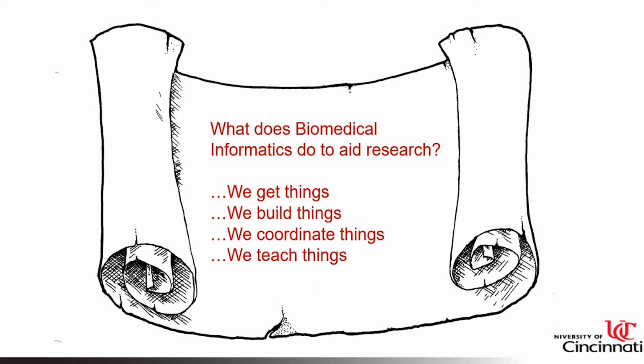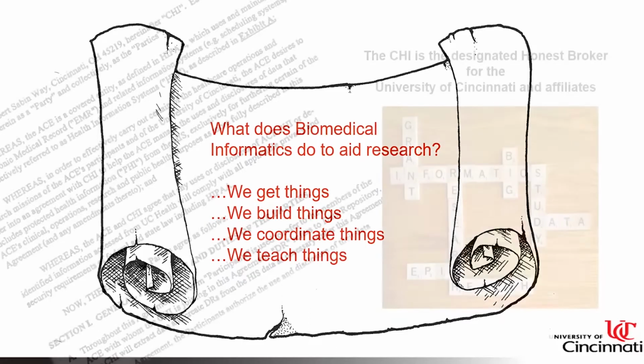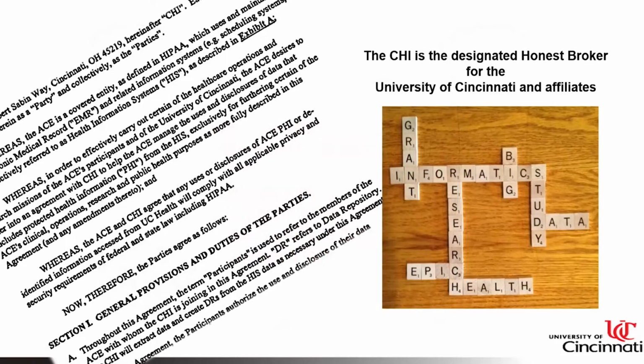So when the PhD students come into the program, one of the required classes is the intro class, and then another required class is the practicum, which is kind of a capstone. I see them in the first year they're here, and then I see them 2.5 years later when they complete their programmatic responsibilities and they demonstrate what they can do. And that's what the practicum is. Some of you may be familiar with the BMI graduate program, but we've got some really good things going on. So I encourage you to look at that if you're interested in further education in informatics.